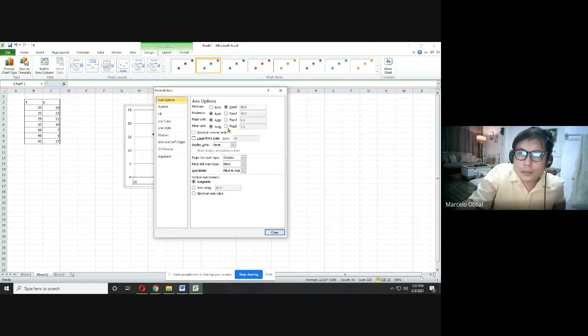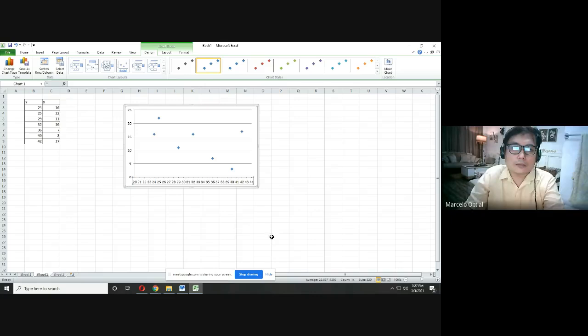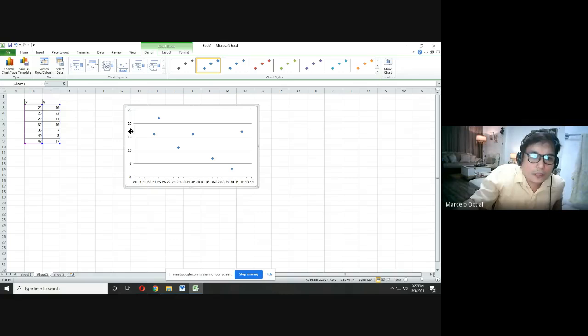Pwede pag 1 na lang lahat, no? Para mas klaro. Ayan, klaro na. So 24, tapos 16. Pwede ito din, i-1 din natin.